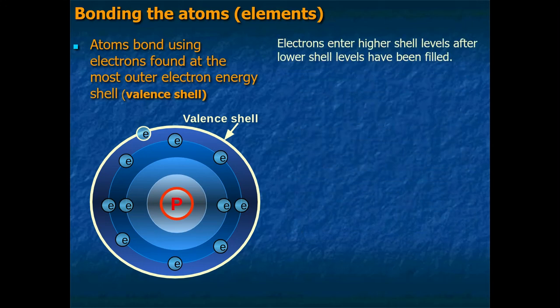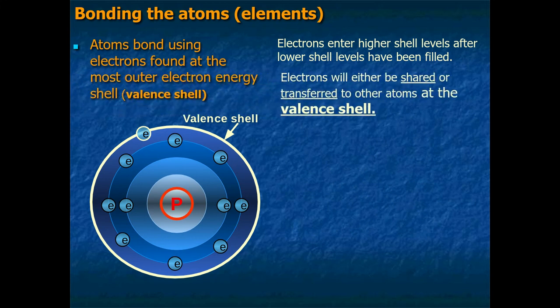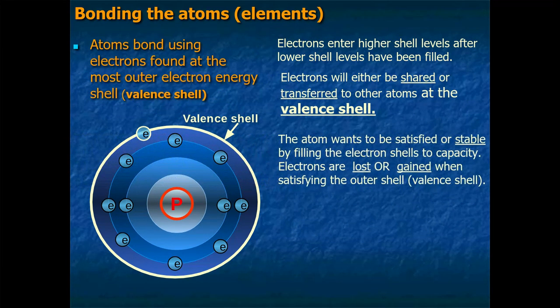Again, electrons enter higher shell levels after lower shell levels have been filled. That would be the 2 on the first shell, 8 on the next shells. Then electrons will either be shared or transferred to other orbital shells, and all reactions always take place along the valence shell. Once electrons are either shared or transferred, that changes the physical property of the atom itself.